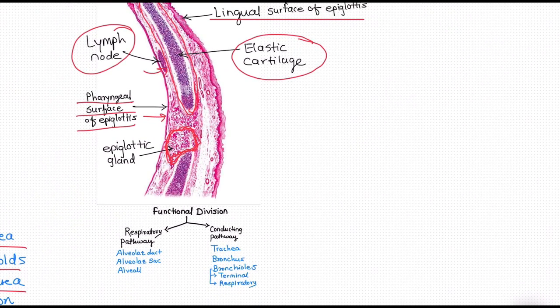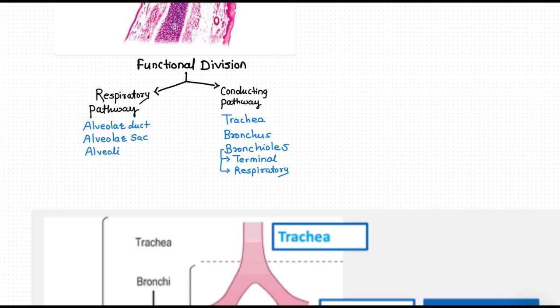Now let's classify the respiratory system on the basis of its functions. The main functions are the respiratory pathway and the conducting pathway. The respiratory pathway will include alveolar ducts, alveolar sacs and alveoli, whereas the conducting pathway will include the trachea, bronchus, bronchioles, terminal and respiratory bronchioles.